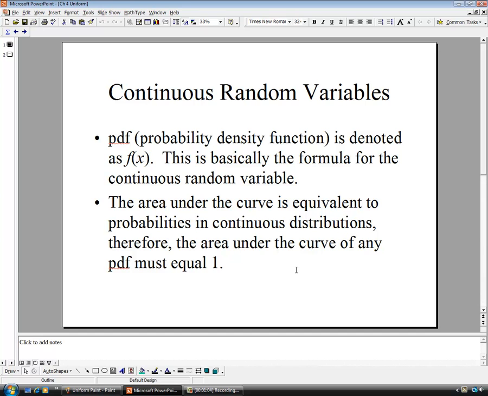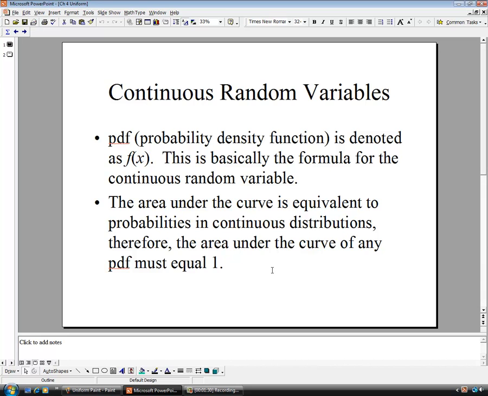Things that can be in flux, volume of a glass of water or whatnot. Now, say you're looking at time, which is a continuous variable. If you decided to round the time to the nearest second or minute, you could create a discrete distribution. Time itself is continuous.